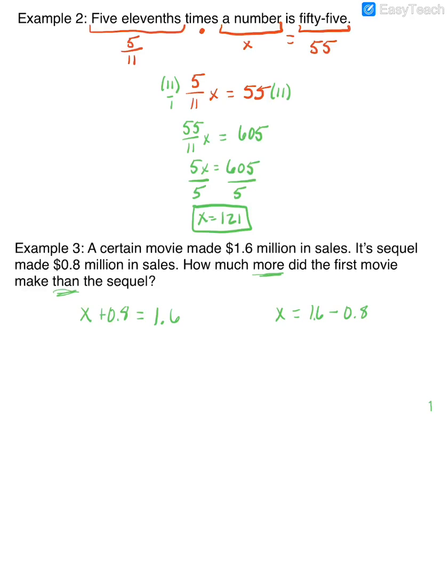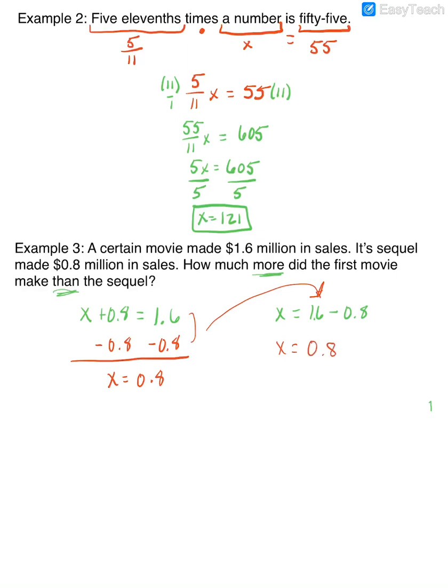So now on the left side, you could say 0.8 subtracted from both sides. So 1.6 minus 0.8 would be 0.8. Or on the other side, that's the same idea. That's the same as this. So you're basically doing the same thing, just one's a little quicker.